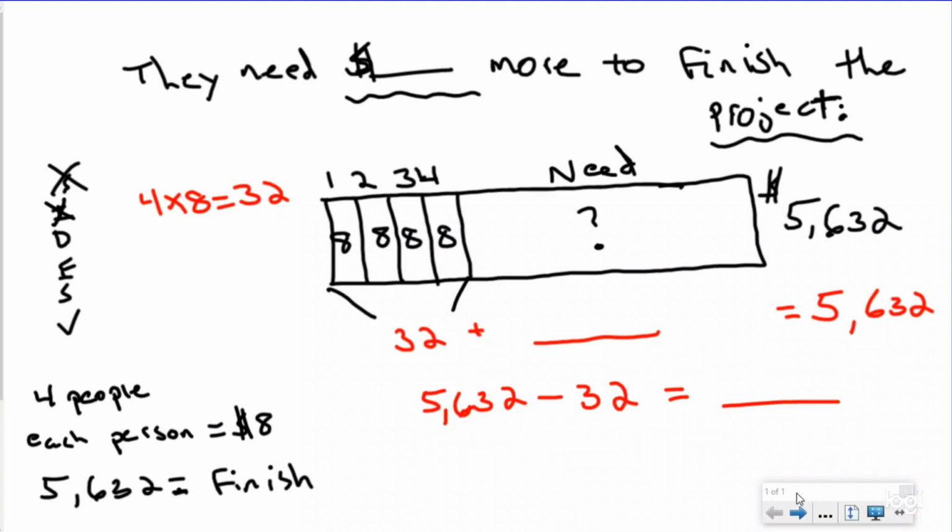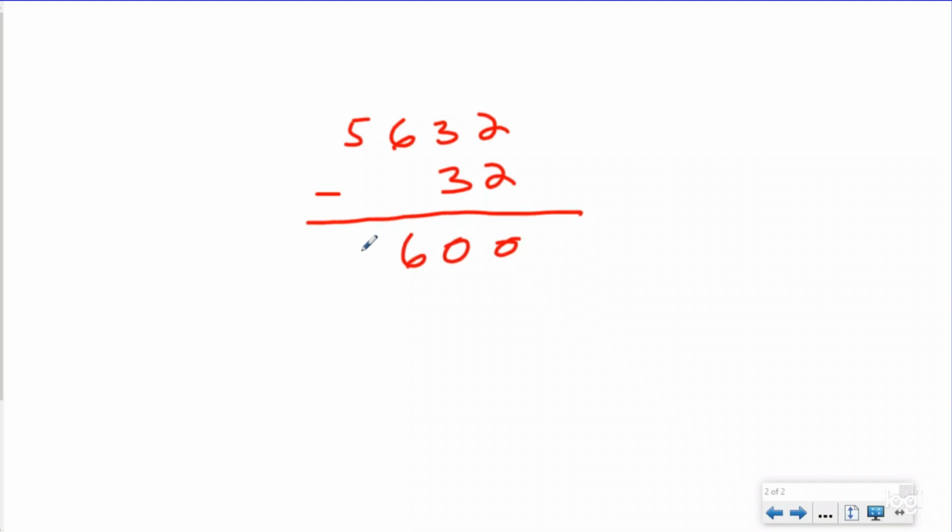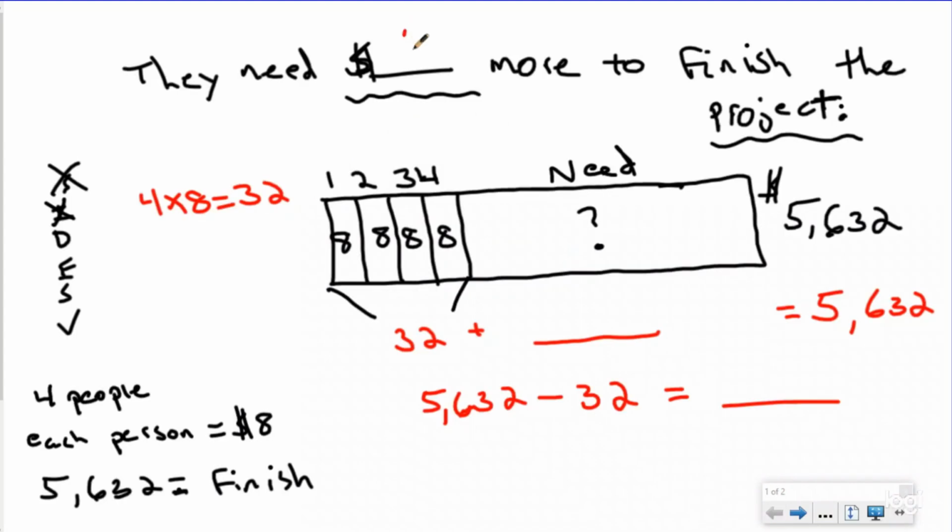So let's go do that on another paper. So I have 5,632, and, oh, look at that, that works out perfectly. I'm subtracting the 32 I already have, which means I need $5,600 more, or not me, sorry. They need $5,600 more to finish their project. So I'm going to go ahead and write that in.